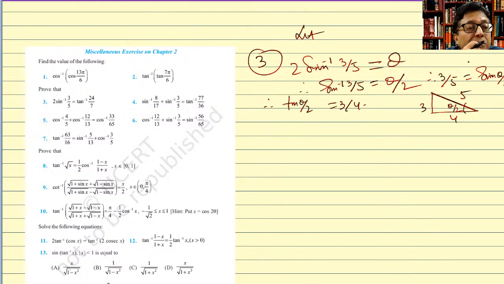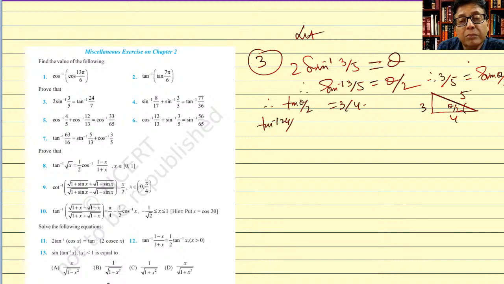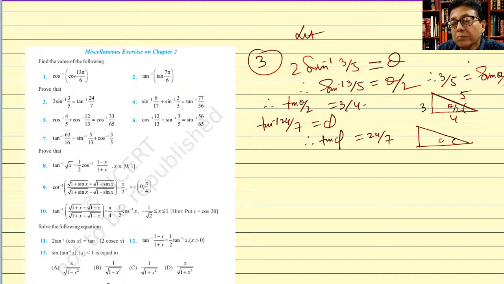The right hand side, that also you can simplify. Left hand side is theta; right hand side is tan inverse 24 by 7 equal to phi. So tan phi is 24 by 7. But you need 2 sin inverse 3 by 5; the left hand side you got.